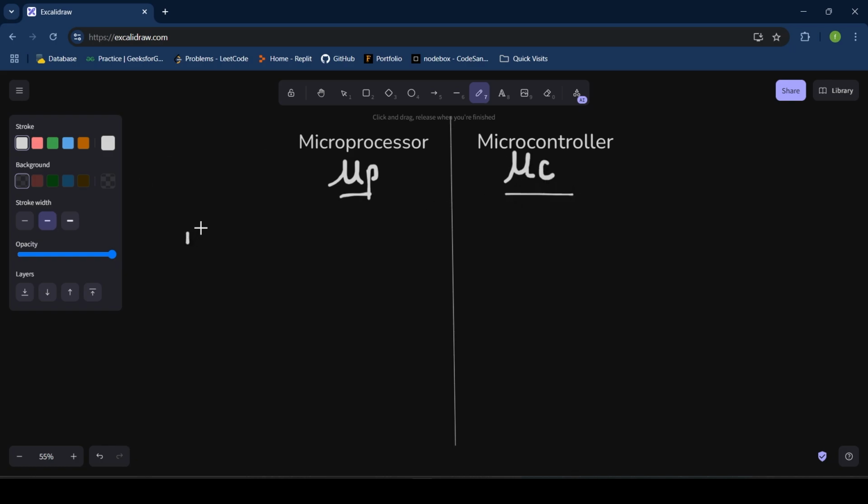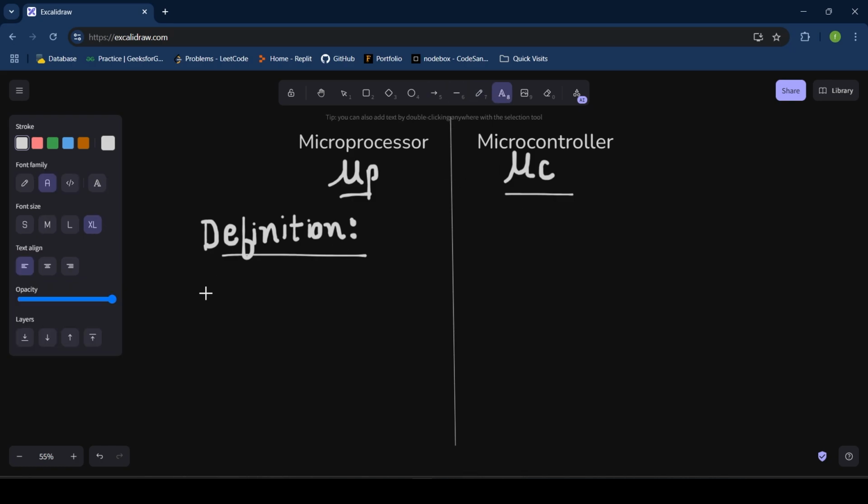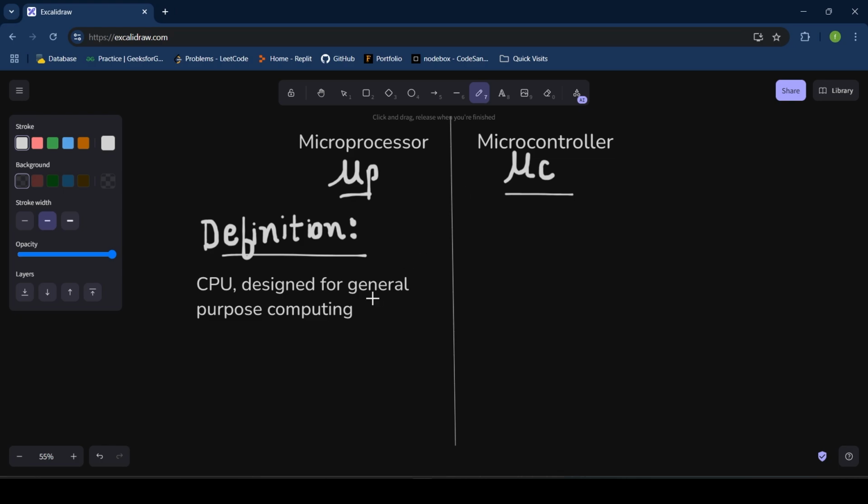So the first difference would be the definition itself. What is the definition of microprocessor? So microprocessor is basically a CPU which is designed for general purpose computing. So what do you mean by general purpose computing?